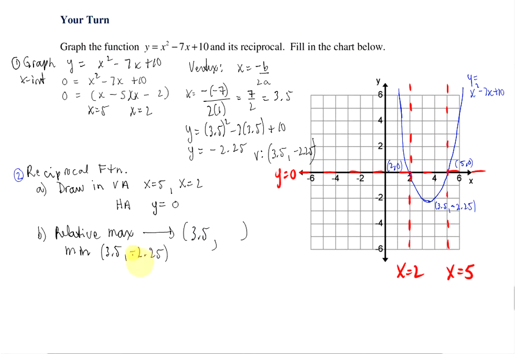And remember, to get the y-coordinate, we find the reciprocal of our y-coordinate on our original function, and that would be 1 over negative 2.25, which will give us negative 0.4, and so we have a relative maximum at 3.5 and negative 0.4. So that would be about here. Okay, and we will label that 3.5 and negative 0.4.